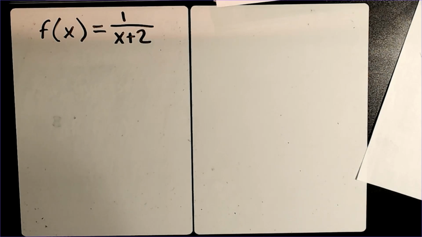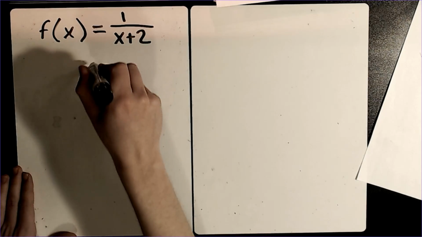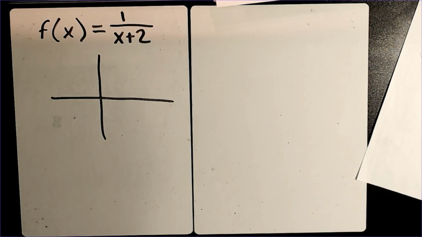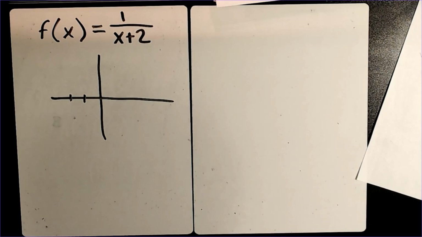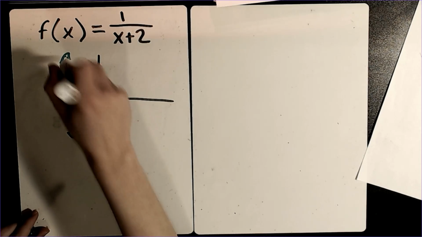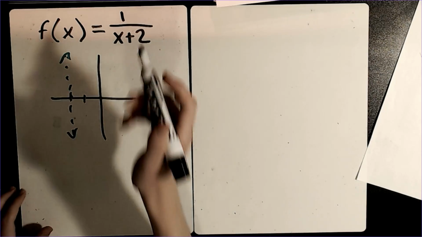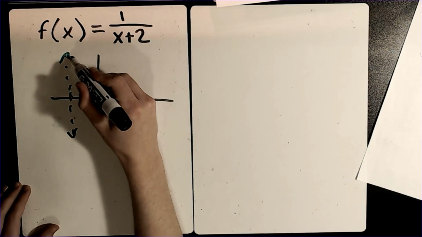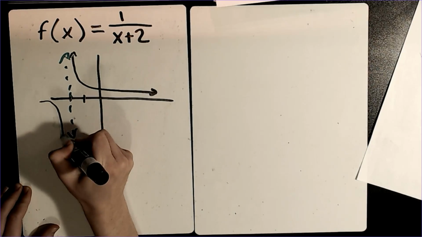Now, you probably don't know that this function is one-to-one because you don't know what the graph looks like. We are going to graph something like this later on. You don't need to know this yet, but it will have a vertical asymptote at -2, and then a swoopy thing like that, and then a swoopy thing like this.